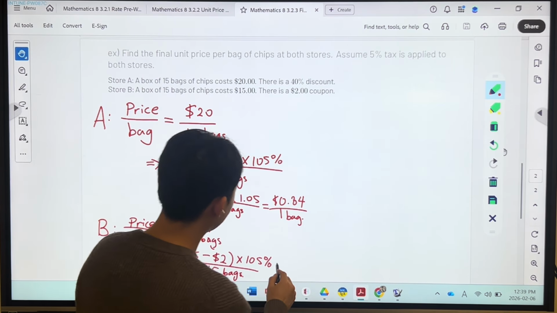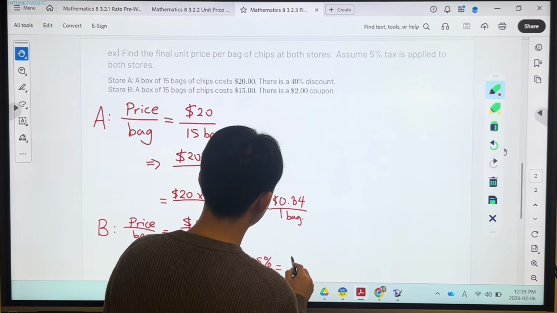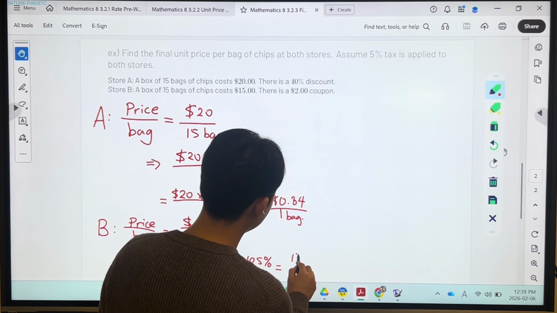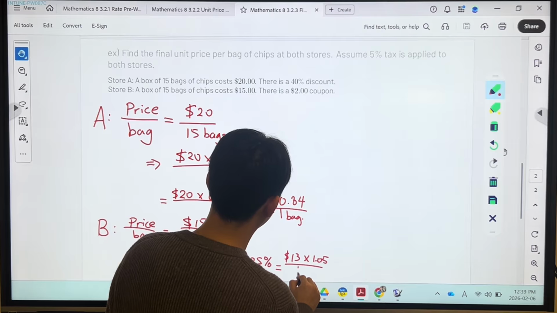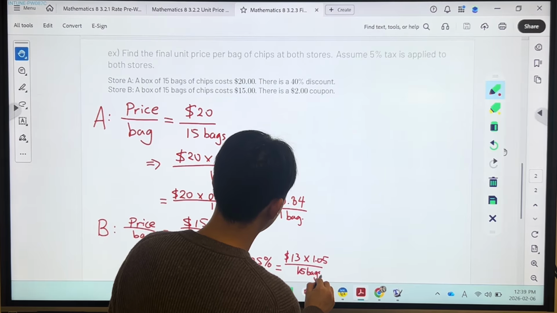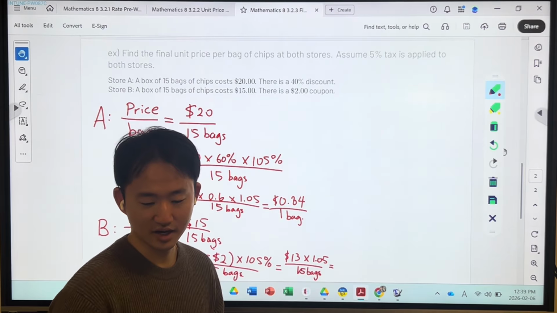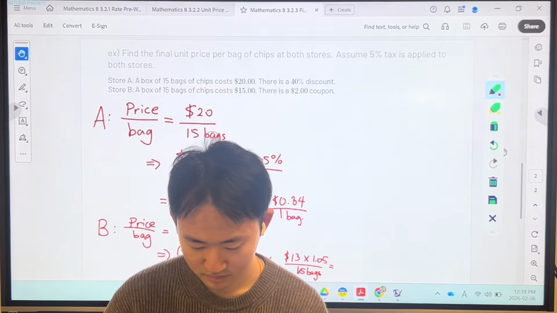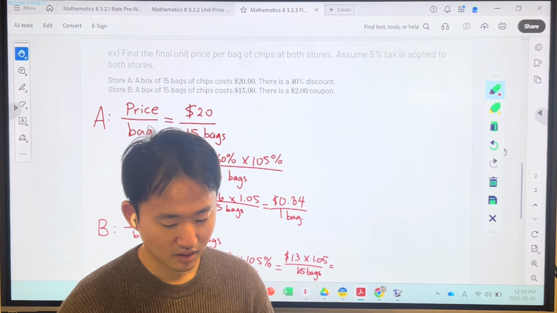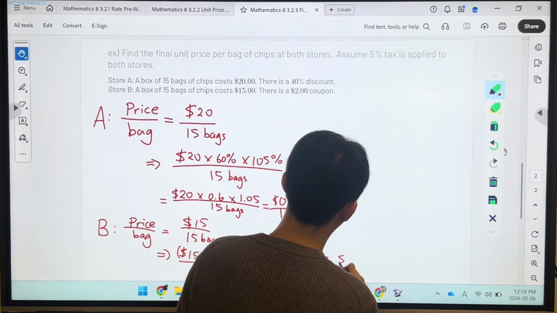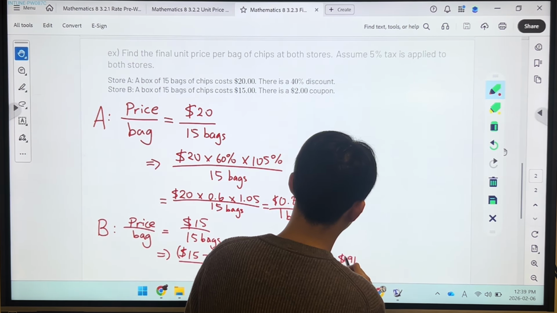I'll just continue writing onto the side here. So that's $13 times 1.05 divided by 15 bags. And if I put that into the calculator, the total comes to 91 cents per one bag.